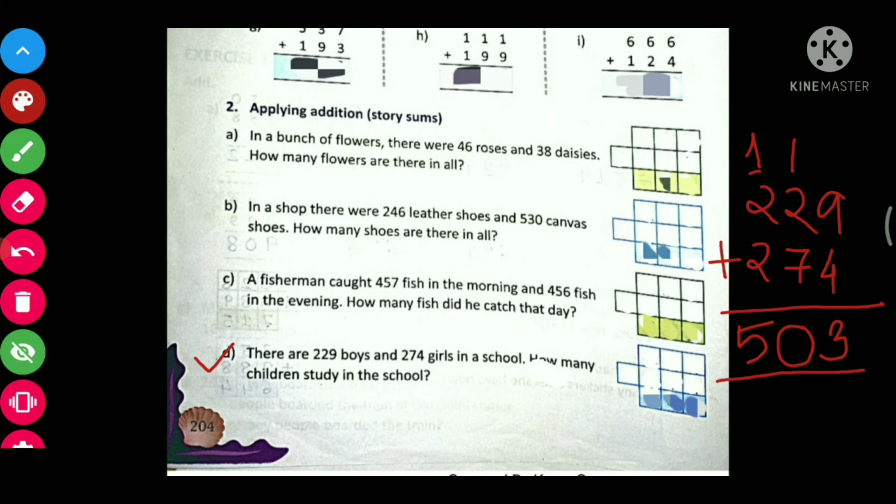And if you need 1 more pencil, then how many pencils you have now? 2. So what you did? You add the first pencil and the second pencil, right? Okay, so I hope that you have understood about the application of addition.